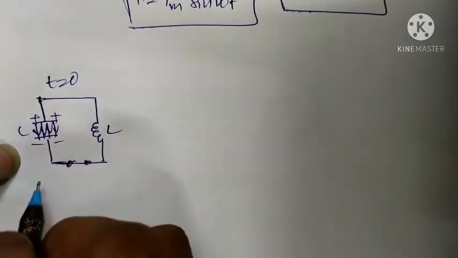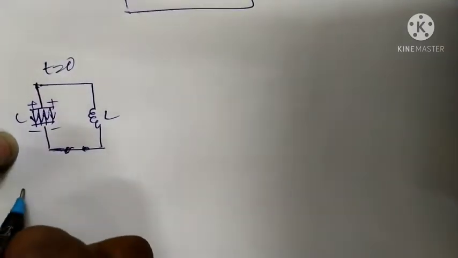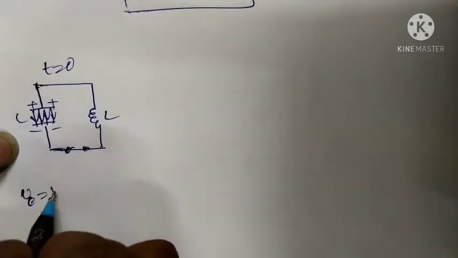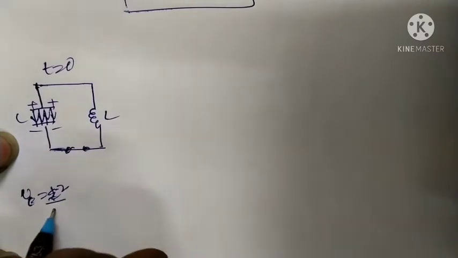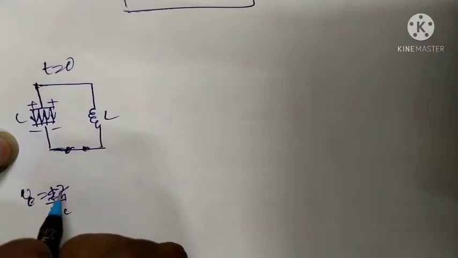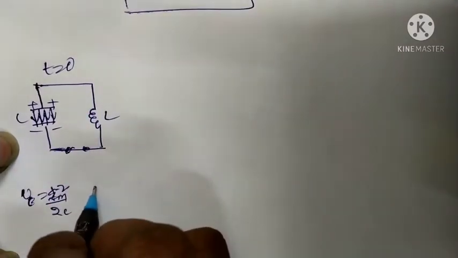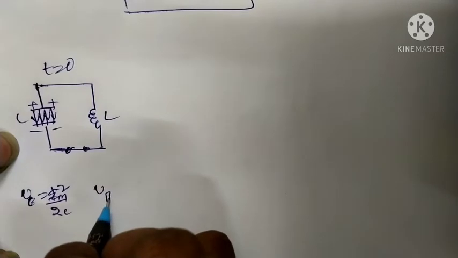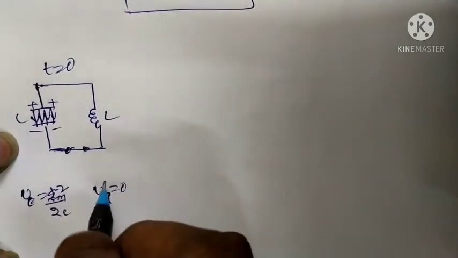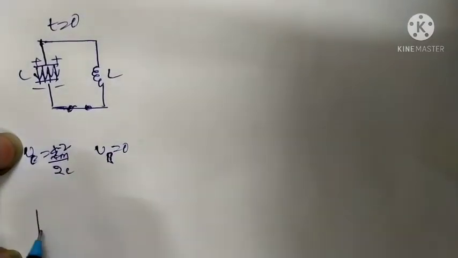We get the maximum energy stored in the capacitor, which is half q square by 2c, that is, maximum charge qm square by 2c. In the inductor there is no charge, so the magnetic field energy stored is 0 in the initial case. Suppose we take the mechanical case of a spring.